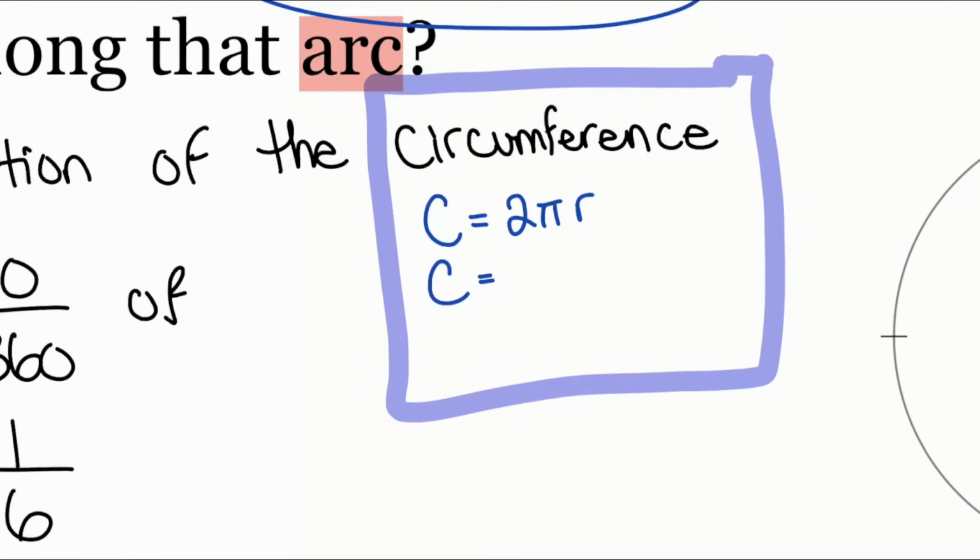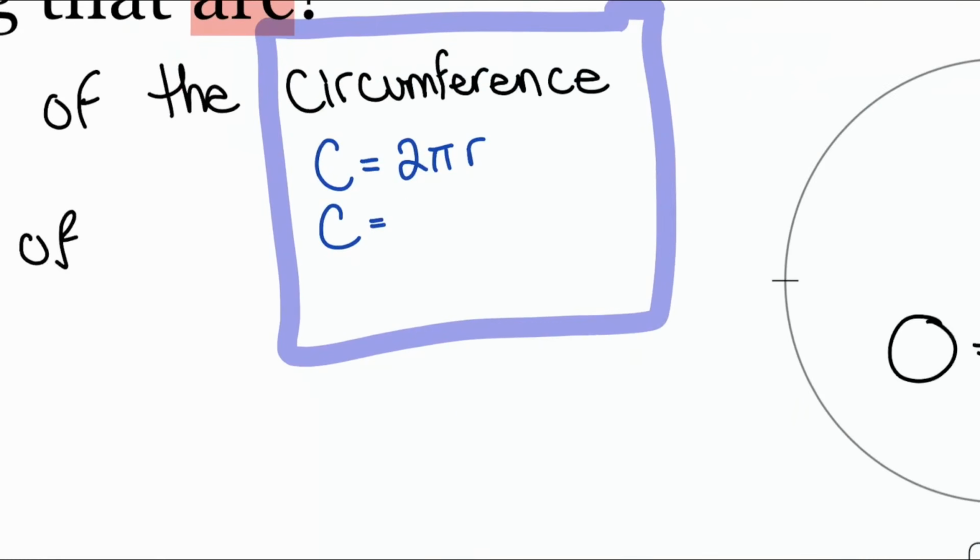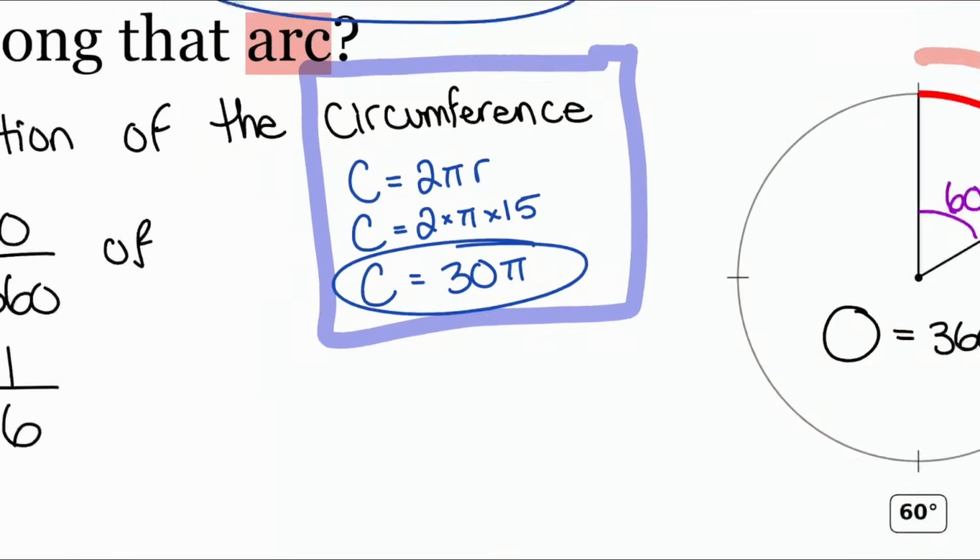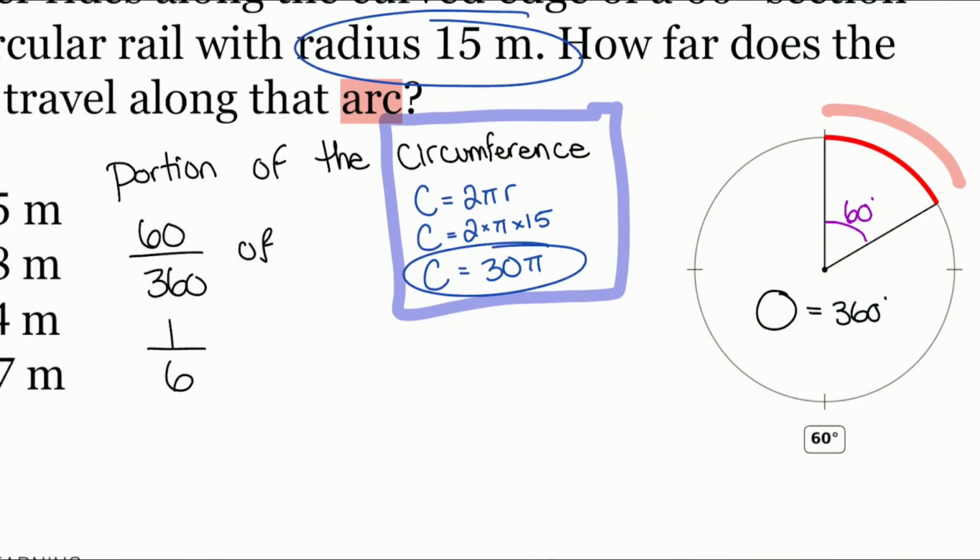My radius is again 15. So I have 2 times pi times 15. Everybody, what's 2 times 15 going to be? 30. That's correct. So the circumference here is going to be 30 pi. We have our circumference, and I can just tag that right down here.